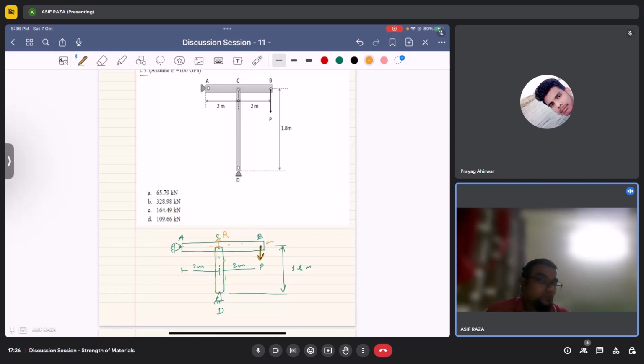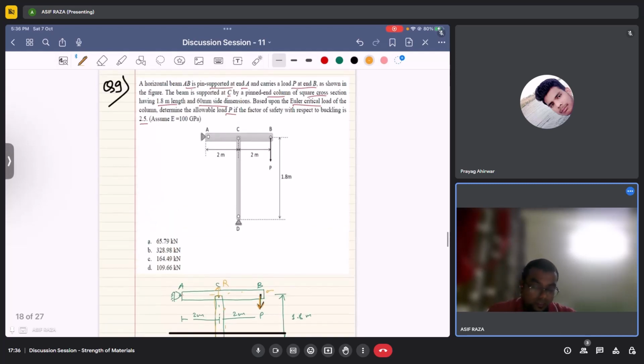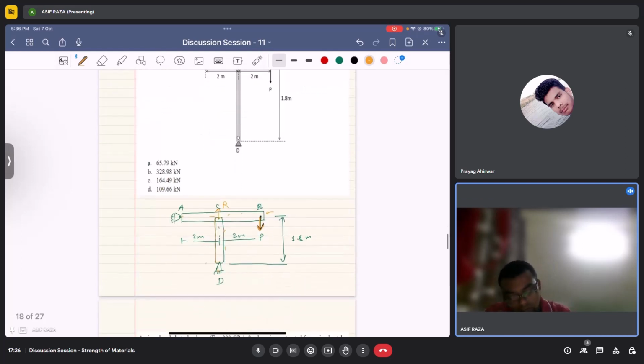According to Newton's third law, this same R would be applicable to this column, and that load would be a compressive load, and if that load is too high, then this column will start to buckle.